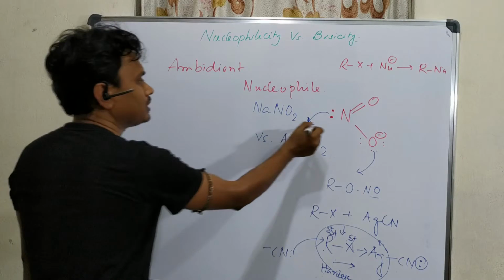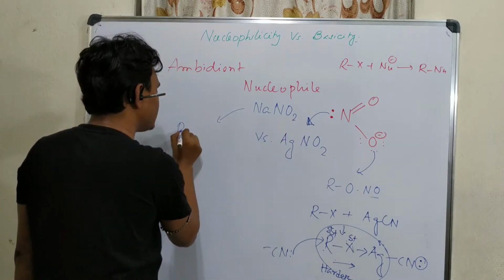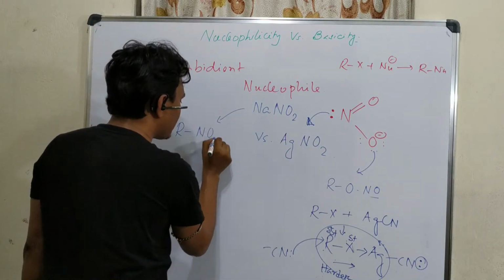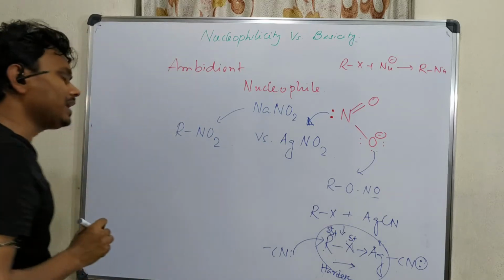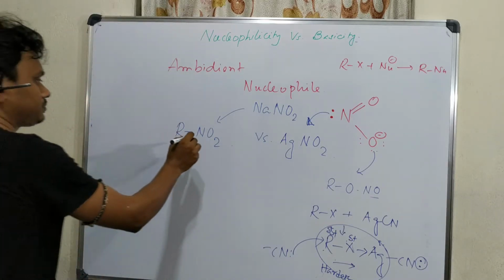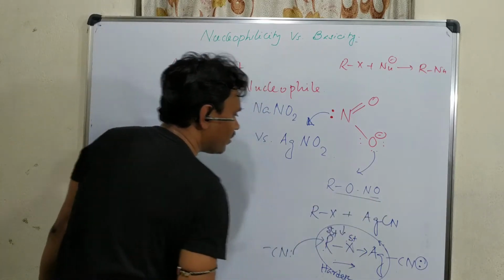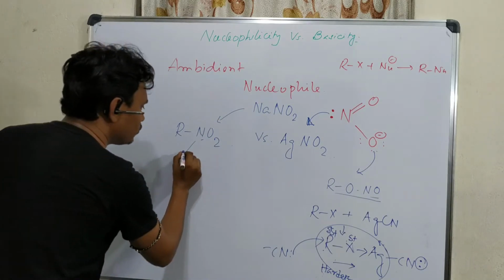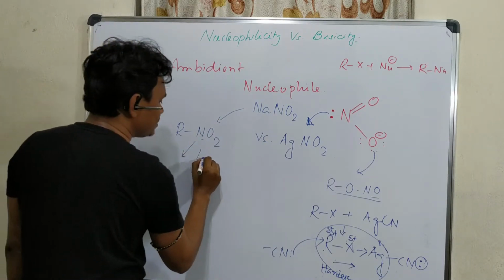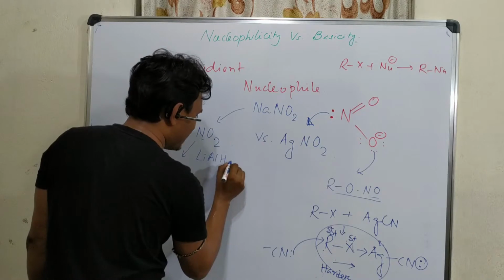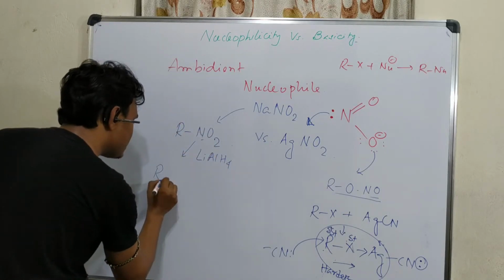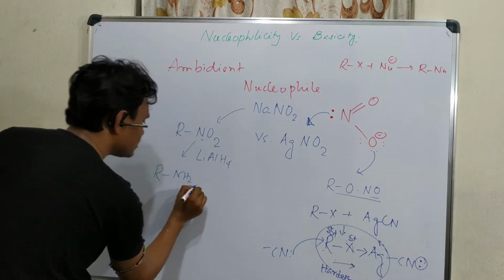And the proof here: sodium nitrite produces RNO2, the nitro compound, and this is the alkyl nitrite. So what's the proof of this? If you reduce this with lithium aluminium hydride, it produces an amine.